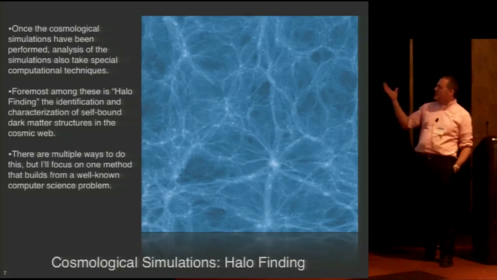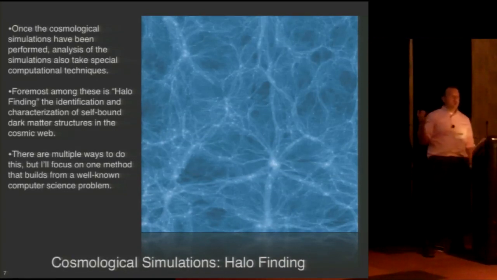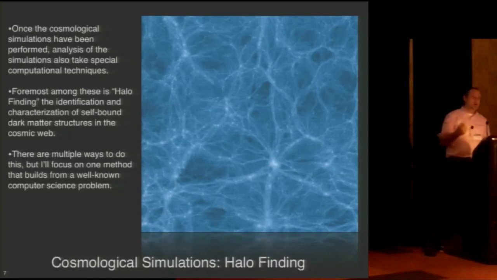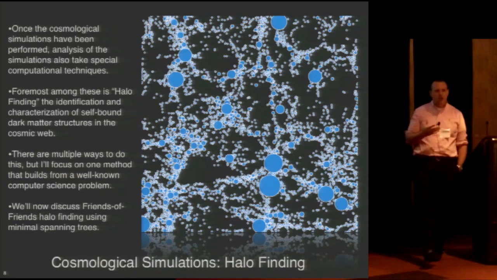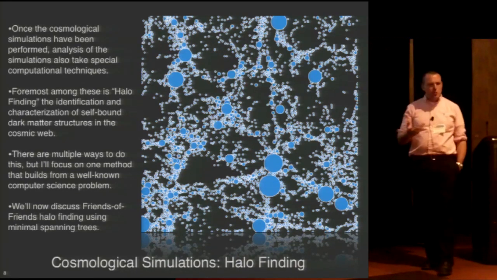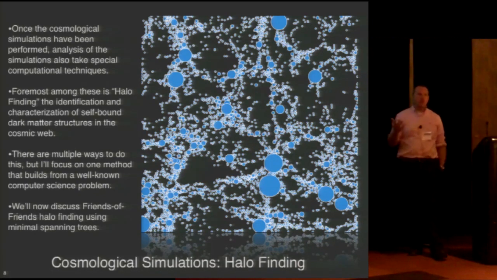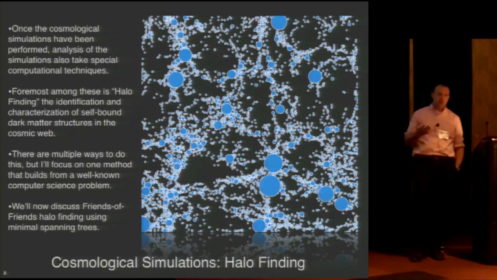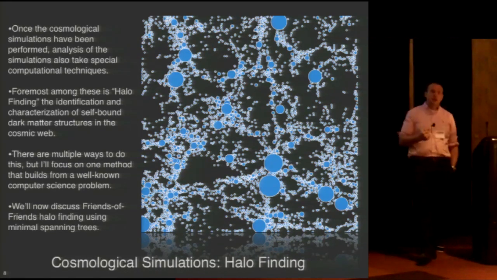So you might ask, given the simulation of dark matter halos, how do I understand what's going on? How do I identify the regions that might form galaxies and then measure their properties? Well, we use what's called a halo finder. A halo finder is just a simple analysis tool that can operate on this very large data set. The largest N-body simulations that people have done to date are about 10 to 100 billion particles, okay?